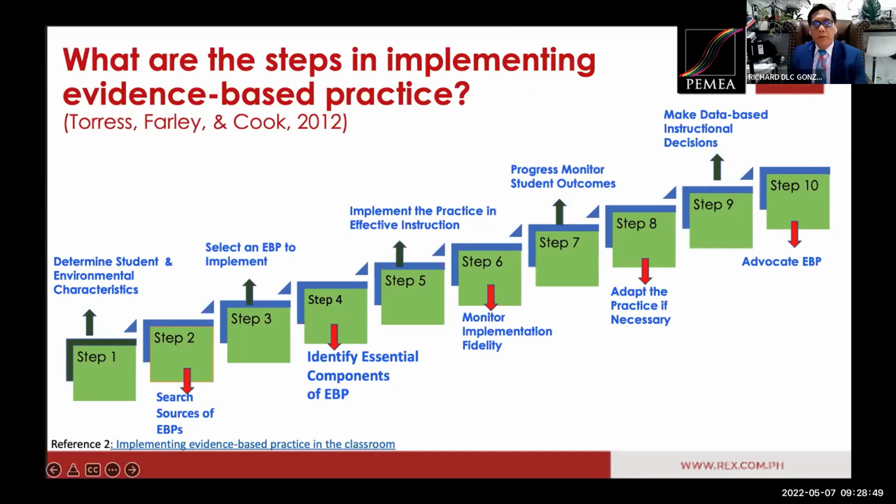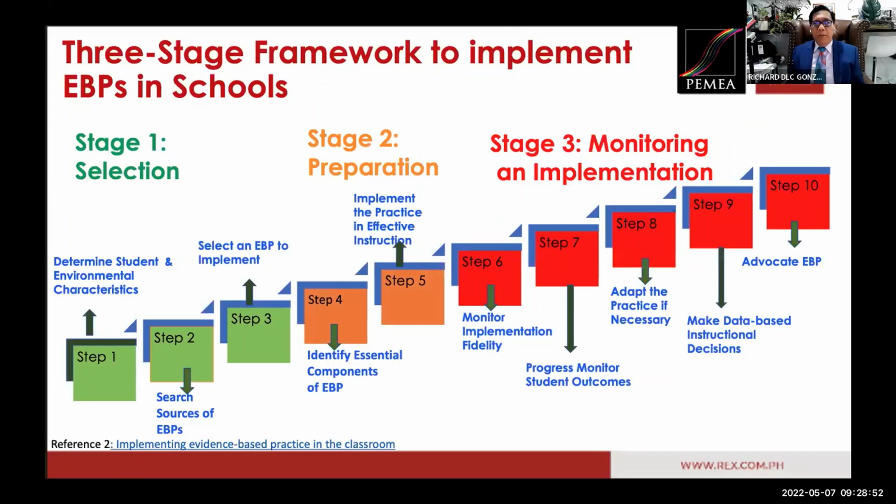Okay, so the 10 steps proposed by Torres et al. give the impression that it is too cumbersome. So from 10 steps, I adopted the 3-stage framework of the Education Development Center 2013 called the 3 Bold Steps Framework for EBP and superimposed it onto the Torres et al. steps.